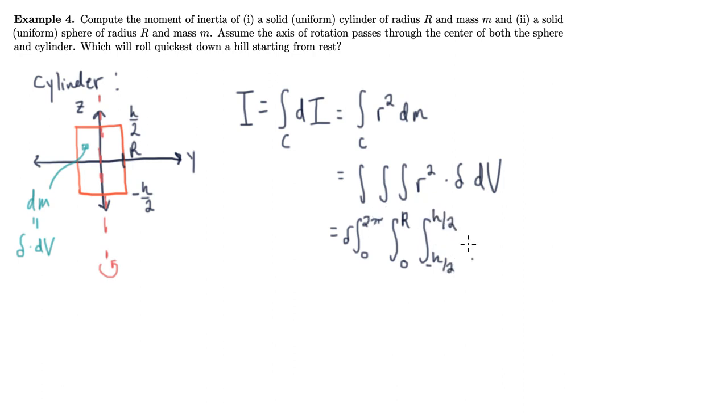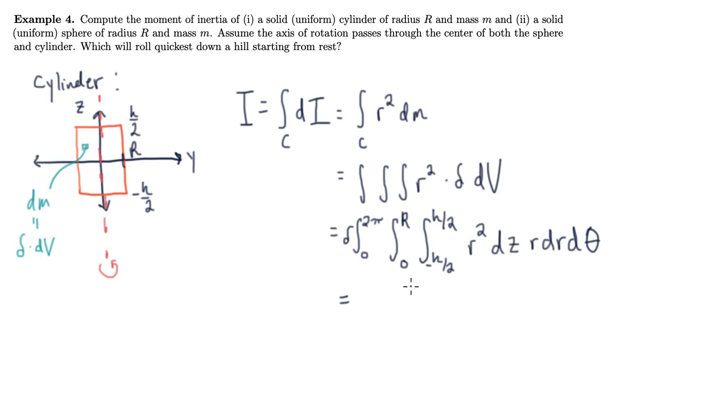Okay, and then what do we have? Well, we have r squared dz r dr d theta, or in other words, this is going to become r cubed. All right, so let's go ahead and compute this integral. Notice dz, I'm just going to evaluate z from h over 2 to minus h over 2.